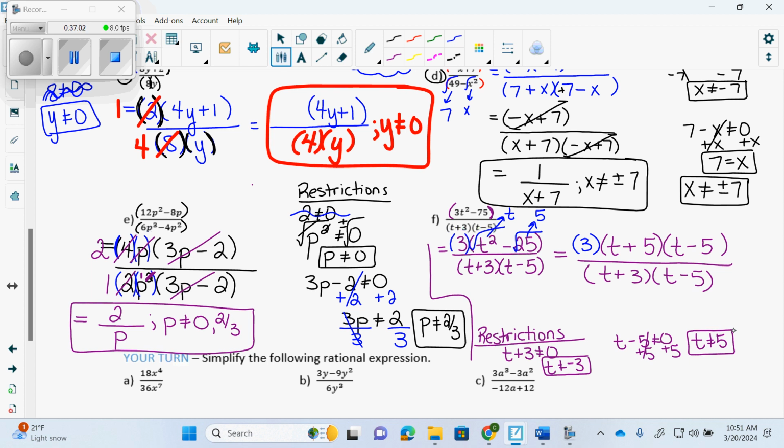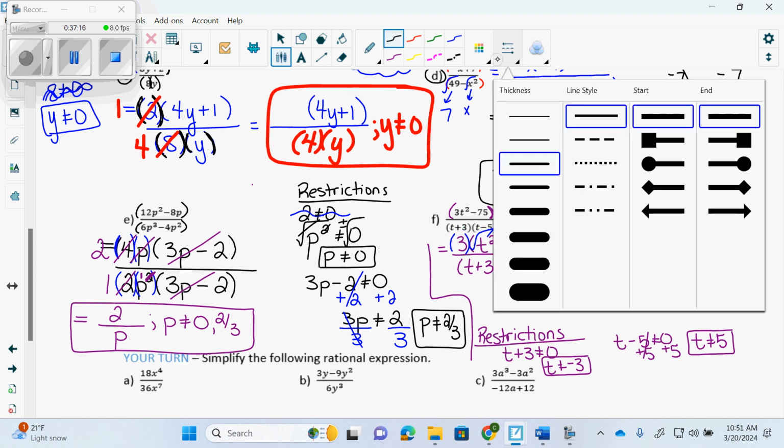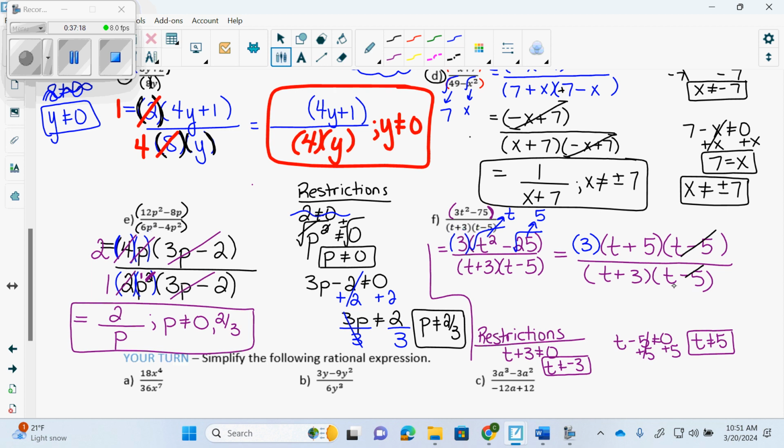Once my restrictions are stated, what can I do? Cancel off humans with humans, snowballs with snowballs. We agree? Okay. So what can I cancel off? Are there any humans that match? T minus 5. Those humans match. And then I have t plus 5, t plus 3. Do they have any twins on the top and the bottom? No, so I know they're staying for life.